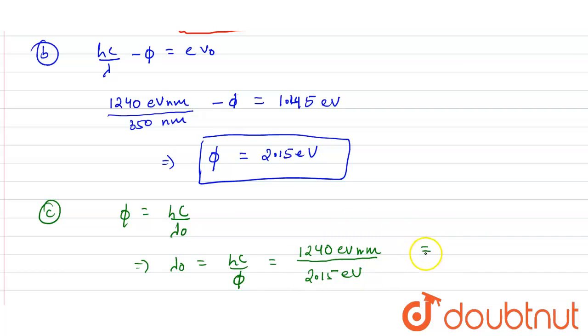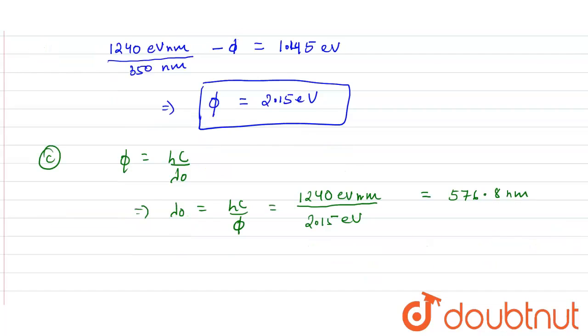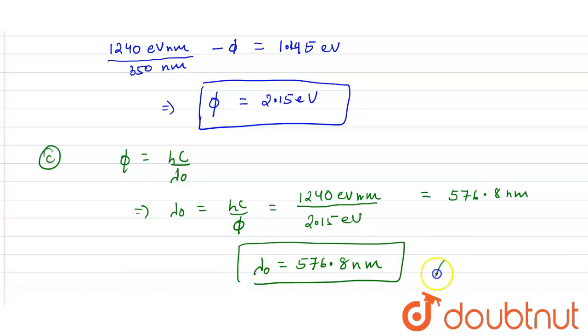So from here we can calculate the threshold wavelength. It will come out as 576.8 nanometers. Okay, so our threshold wavelength comes out as 576.8 nanometers. So this is all our answers.